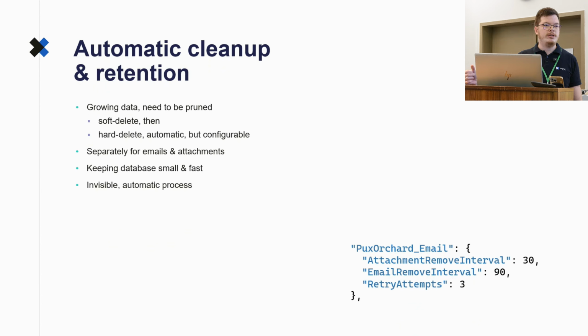We can configure it separately for emails and attachments, and this is keeping our database small and fast while still giving enough time for teams to audit or debug any problems. It's one of those invisible features that happens in the background, but saves a lot of headaches later.